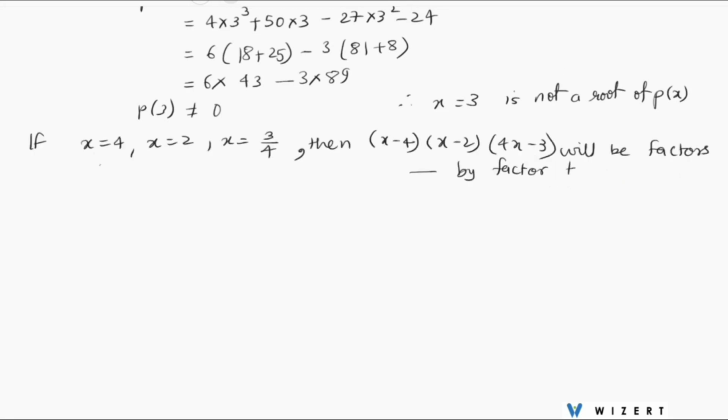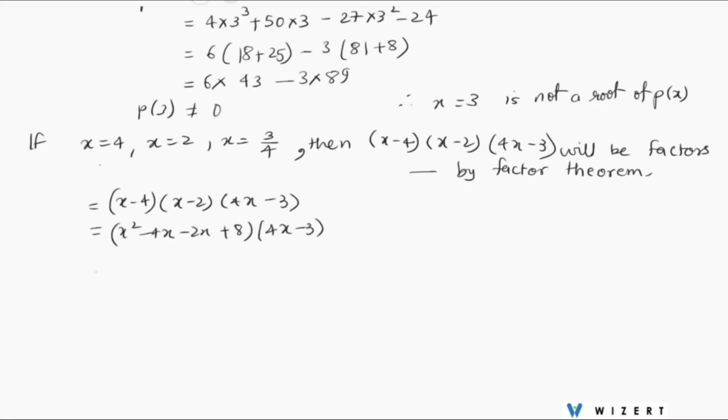So let's look at x minus 4 multiplied by x minus 2 multiplied by 4x minus 3. This should give us the polynomial p of x. So let's check that: x square minus 4x minus 2x plus 8, multiplied by 4x minus 3. So x square minus 6x plus 8 multiplied by 4x minus 3.